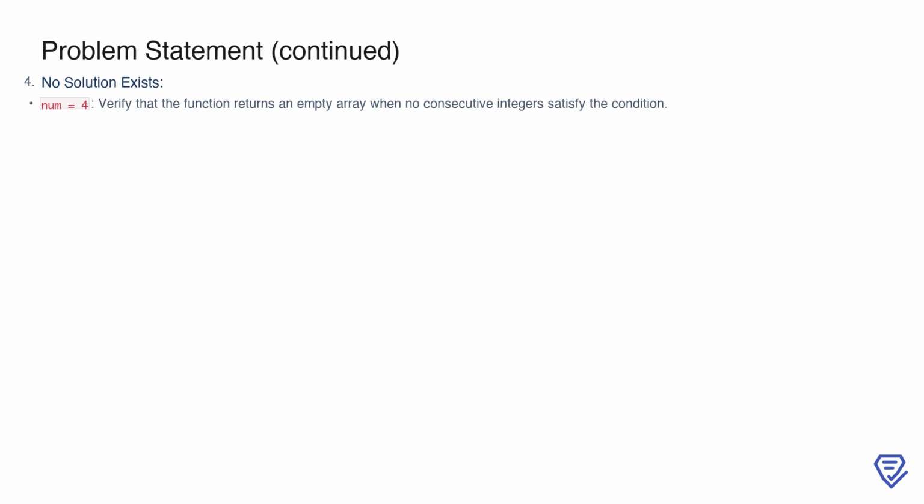It should also address smaller values, such as number equals 0 or number equals 1, ensuring correctness in these cases. When no solution exists, such as when number equals 4, the function must reliably return an empty array. By addressing these edge cases, the solution ensures robustness across the entire input range.